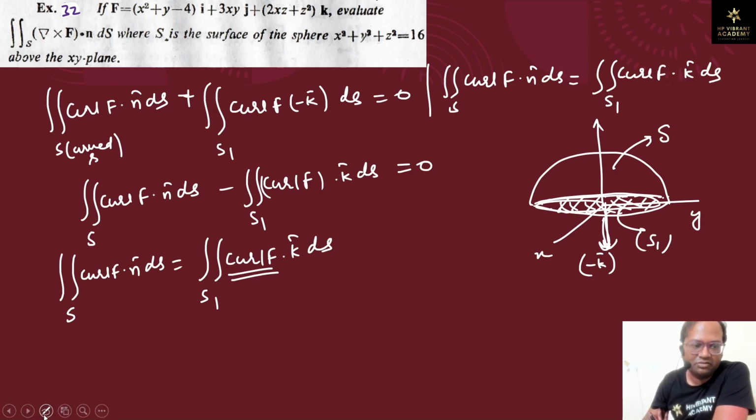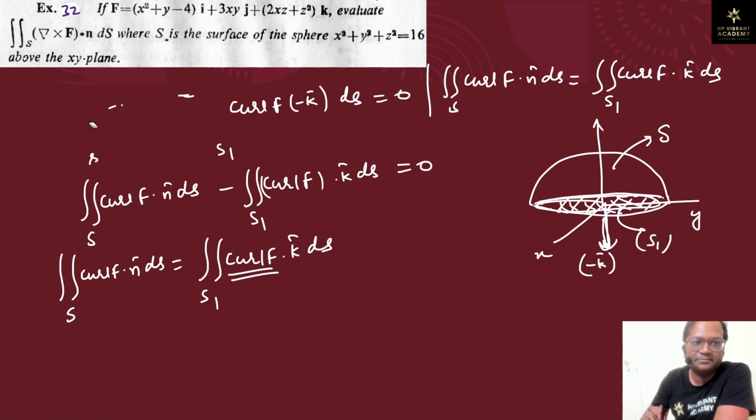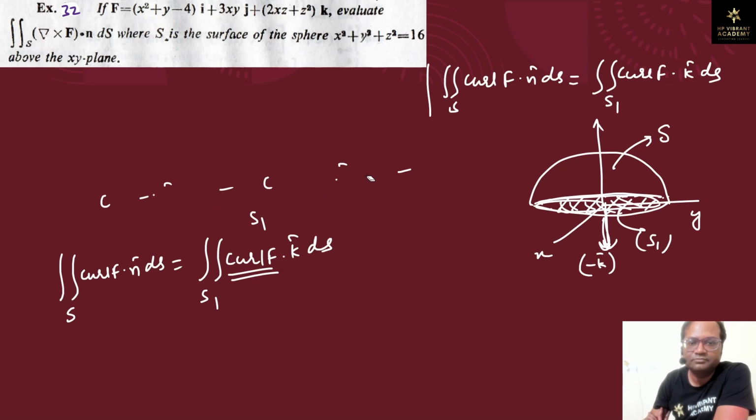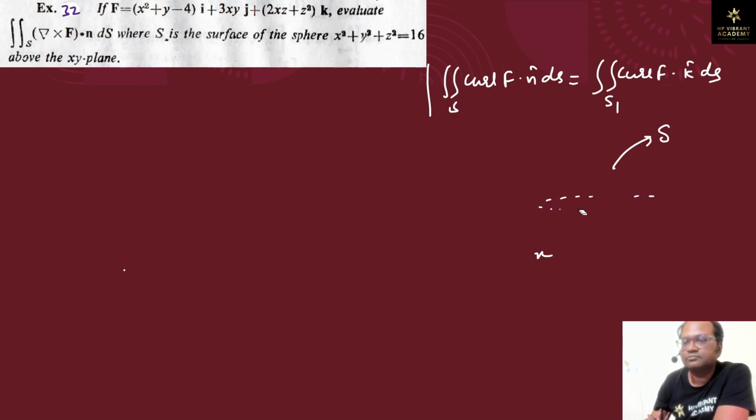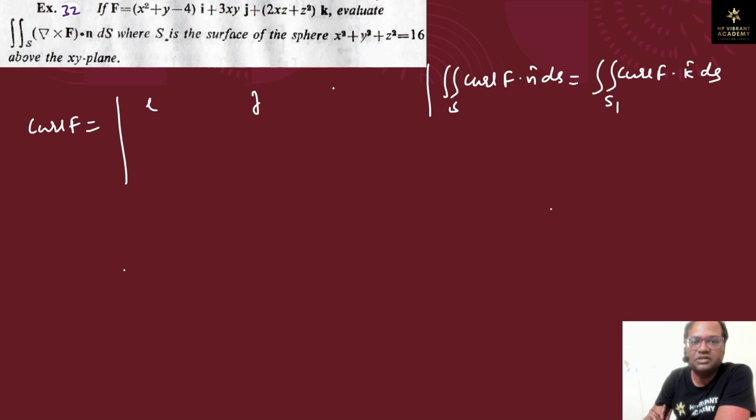Now let us further simplify this. We have the curl of f, which is equal to the determinant with i, j and k, then del upon del x, del upon del y, del upon del z.